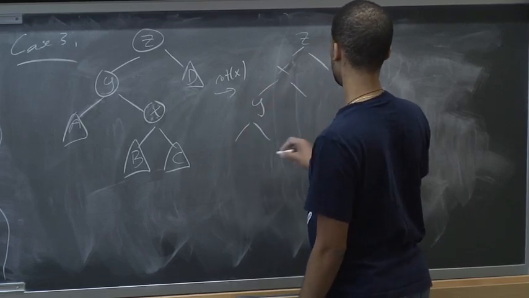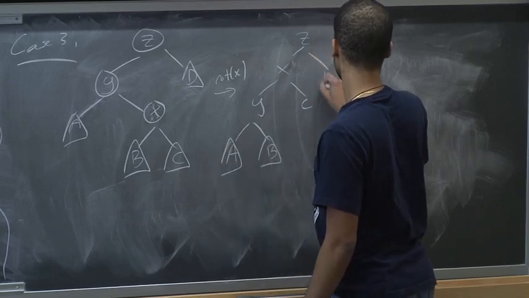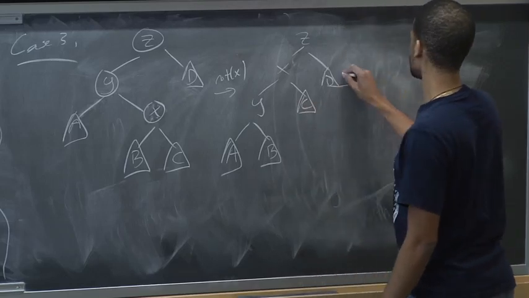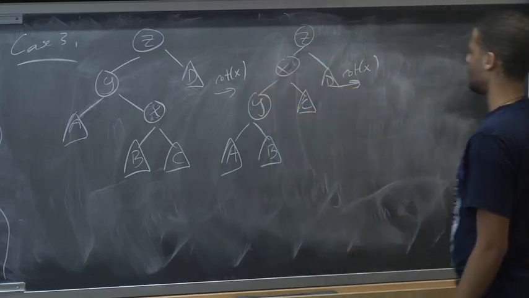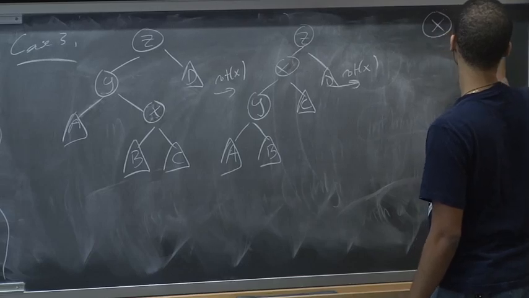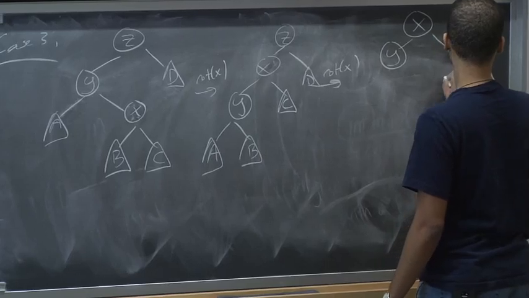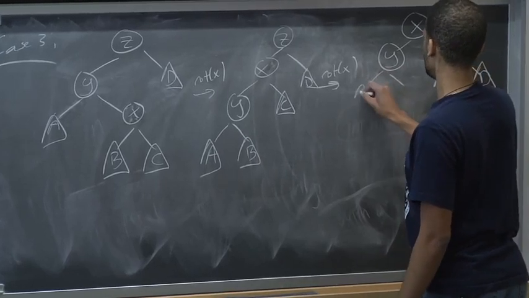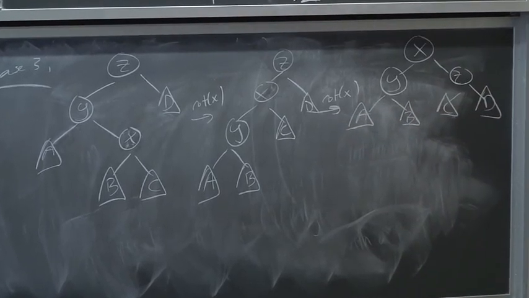And then this is A, B, C, D. And then we rotate x again. And then that brings it to look like this: x, z, y, d, c, a, b. Okay.